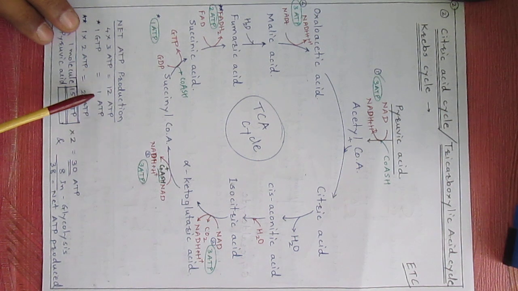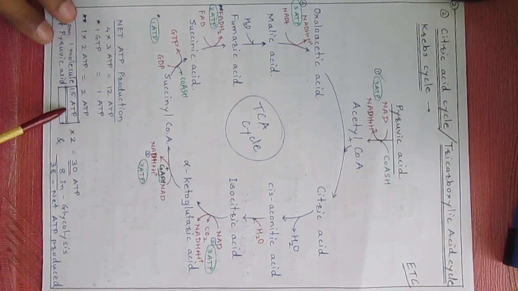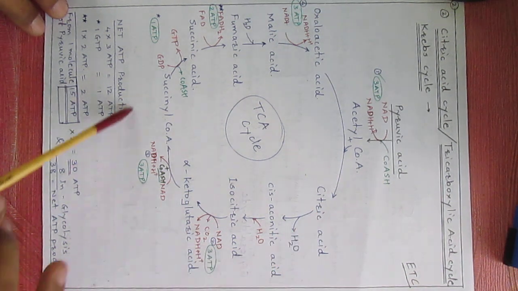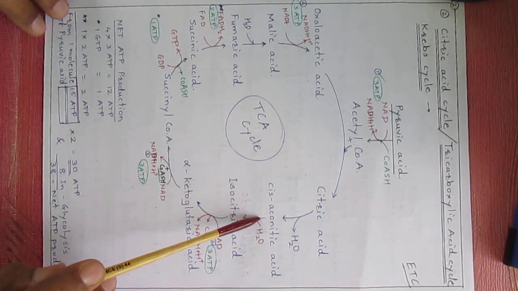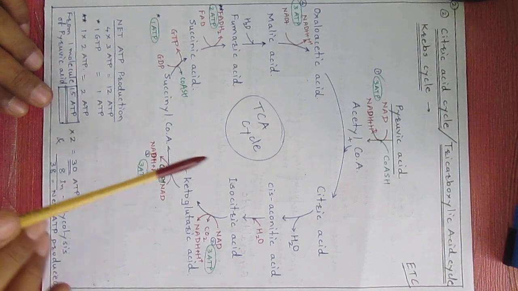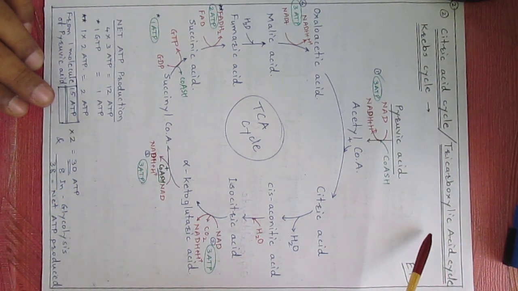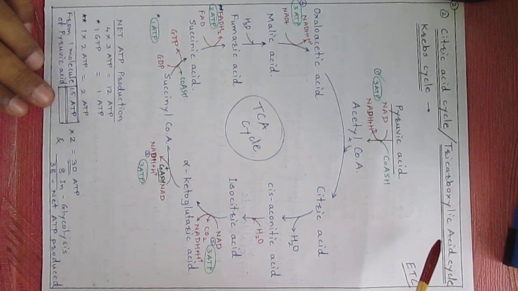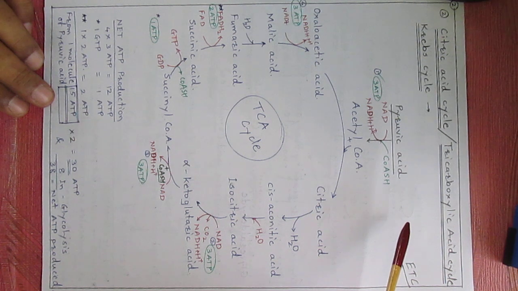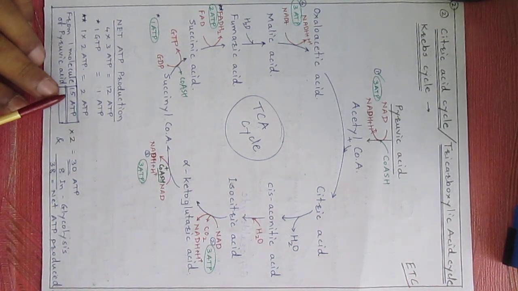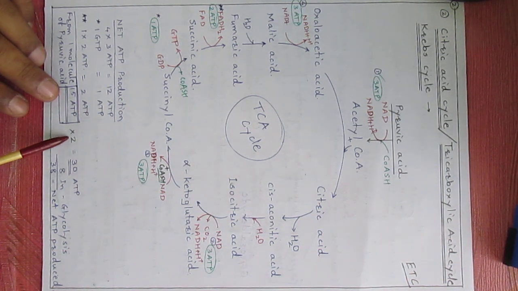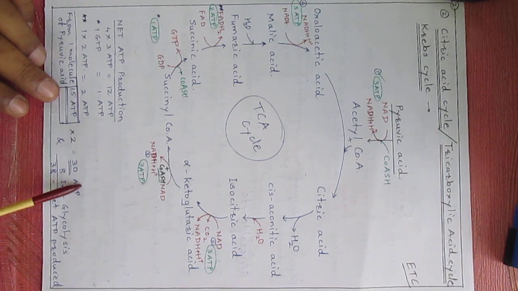Therefore 12 plus 1 plus 2 will be equal to 15 ATP molecules from 1 molecule of pyruvic acid. Okay, then as we know that in glycolysis, from a single molecule of glucose there is production of 2 pyruvic acids. Therefore from 1 pyruvic acid 15 ATPs, then from 2 pyruvic acids 30 ATP molecules will be formed.